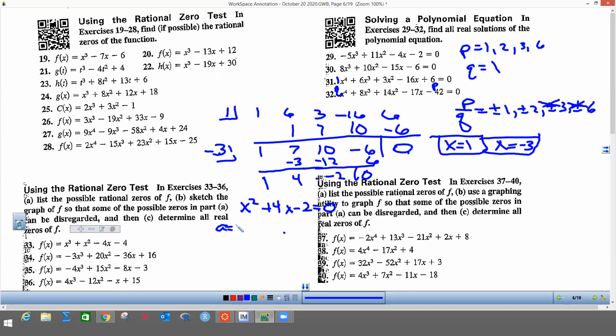So a equals 1, that's this number in front, b equals 4, and c equals -2. And the quadratic formula that you are supposed to have memorized is right here. That's the quadratic formula, so I'm going to stick these numbers in where they go here.